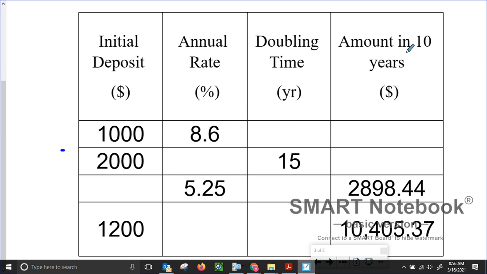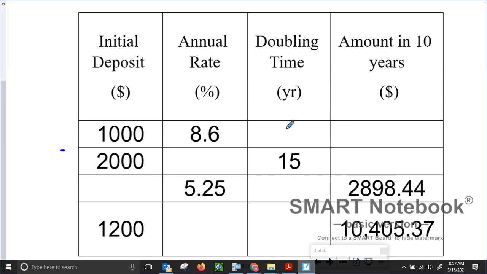Doubling time we've already talked about, but we also want to talk about what if we have to find the interest rate or the initial deposit, or other things other than just the final value or the doubling time.